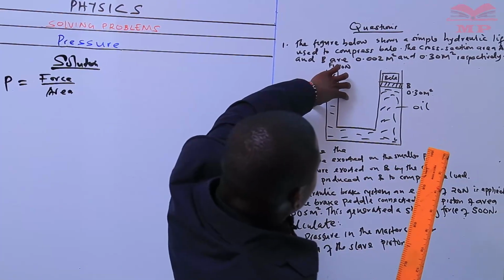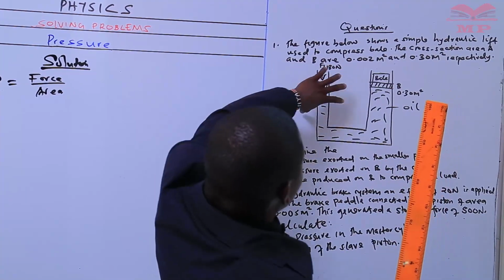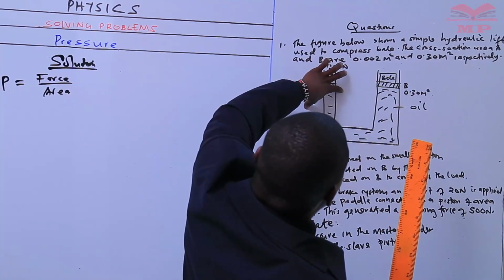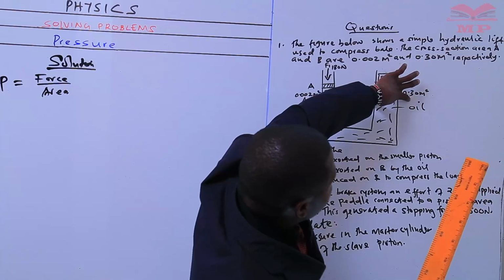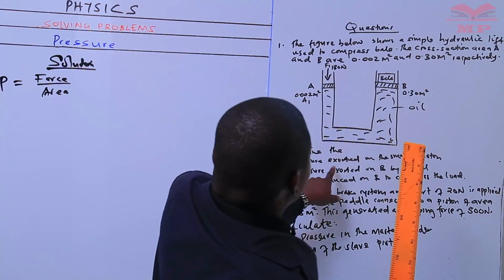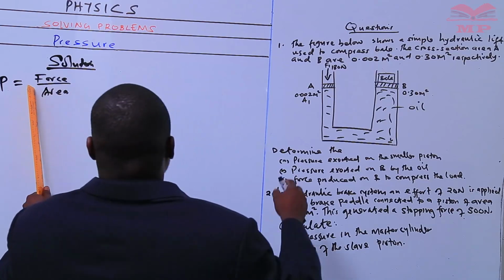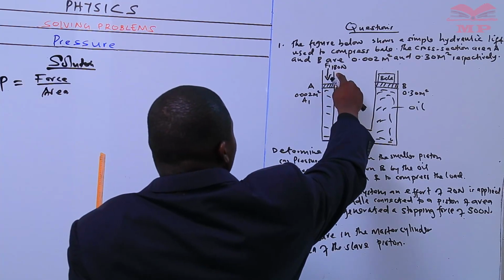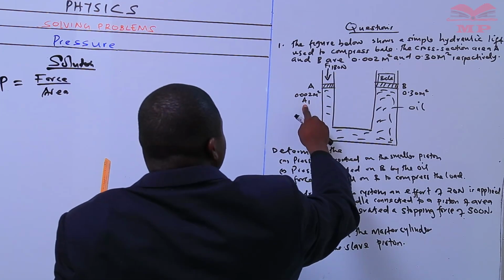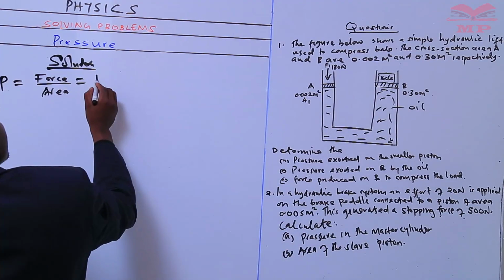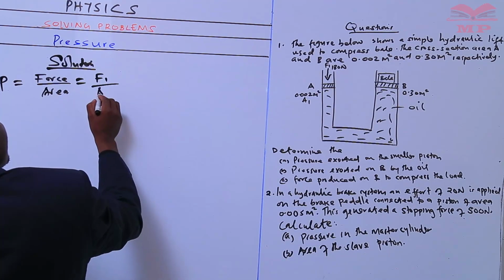From the look of this diagram, this is small and this is larger. So this one represents the small piston, then this one is the larger piston. So when I want to calculate the pressure exerted on the smaller piston, from the formula I'm supposed to have the force, which is F1, and area, which is A1. So I'm just going to take F1 over A1.